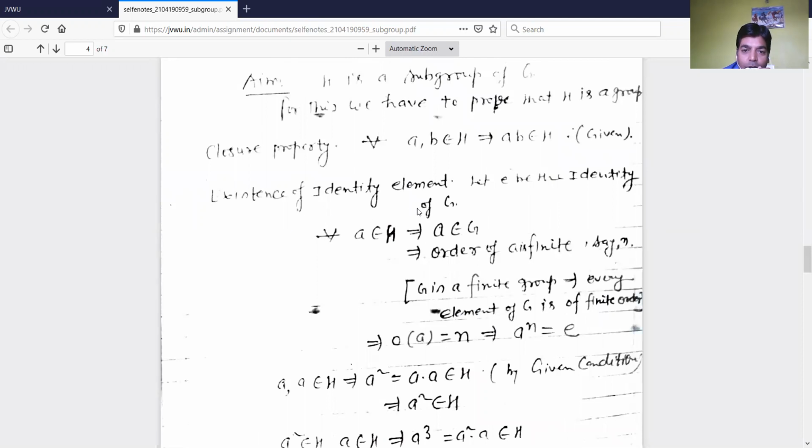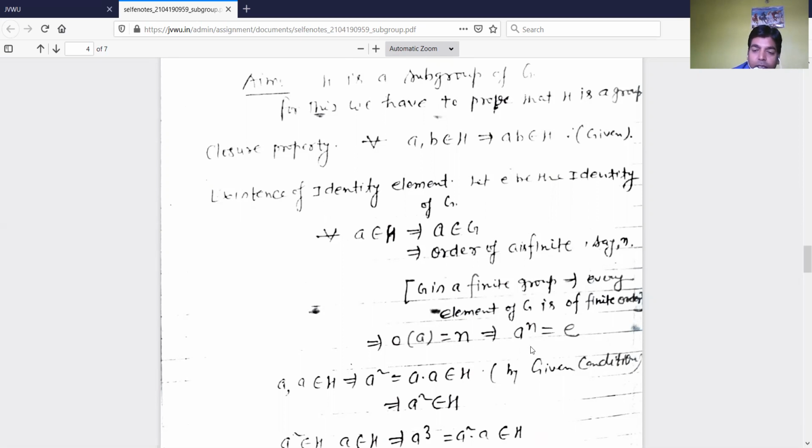Now, existence of identity element. Let E be the identity of G. For all A belongs to H, that implies A belongs to G. Since G is a finite group, every element of G is of finite order, so the order of A is n.